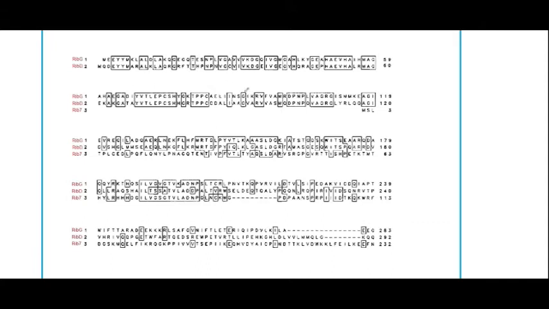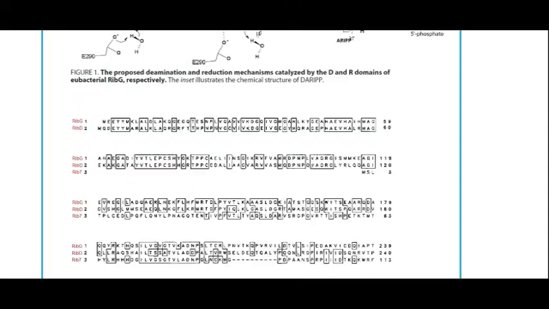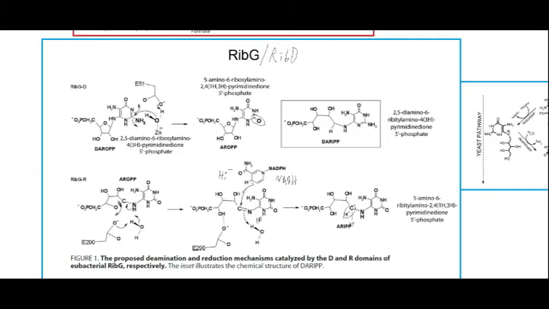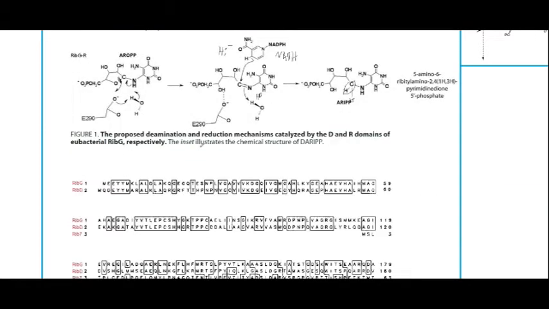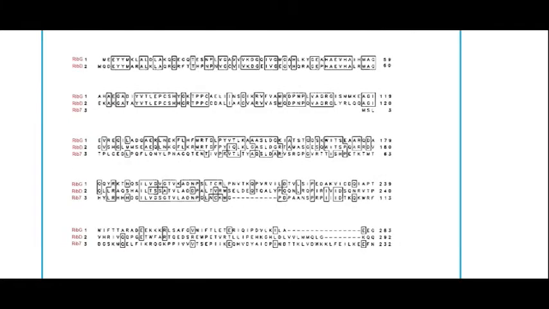We don't start getting the Rib7 until over here, because the Rib7 does not contain the deaminase step that RibG and RibD do, which we see here is the first step. The deaminase step is actually in the N-terminal domain of the proteins, so it's at the beginning of the proteins.